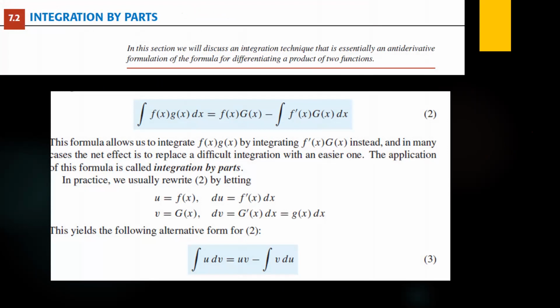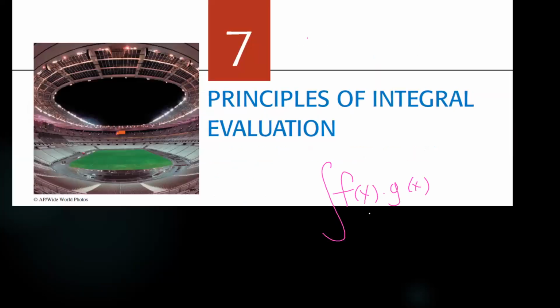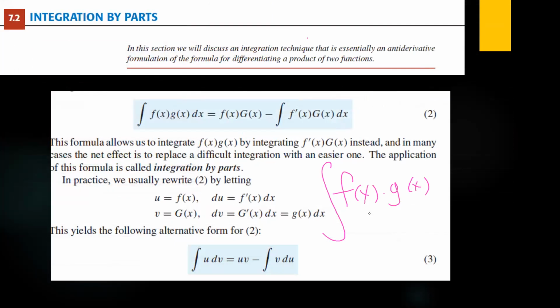If you have two functions like f of x and g of x that are multiplied, and you want to integrate them, the first step is to assume that the first one is u and the second one is dv.